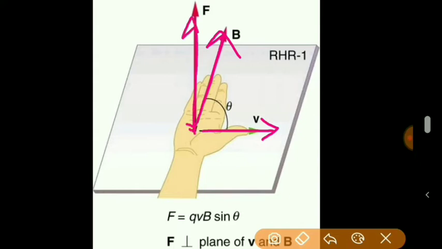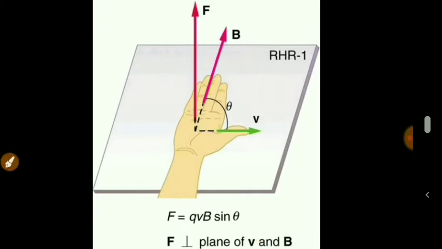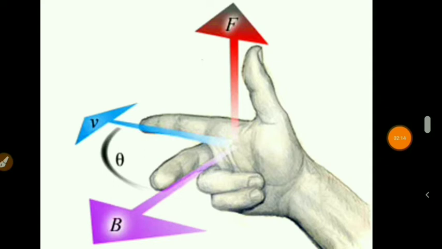From the center of the palm, the force will be normal to the palm. So this is also one of the methods. So students, these are different methods by which you can get the direction of the force using the right hand.